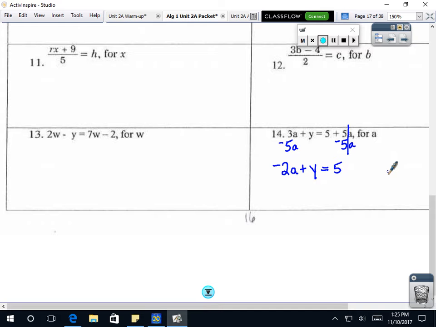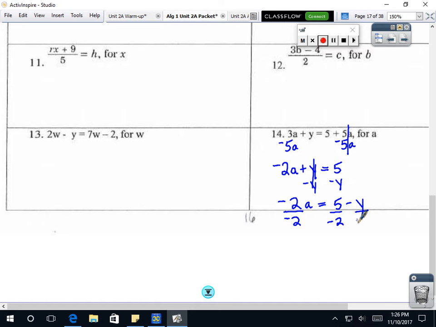Now what do I do to solve for a? Correct. And so now I have negative 2a equals 5 minus y. Now to solve for a, what do I do? Divide by negative 2, and I'm going to go ahead in this step and write it under each part separately.